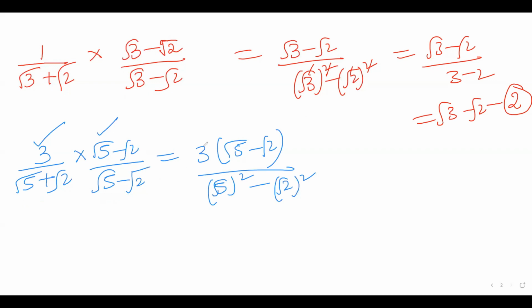I'm not going to multiply the terms. Why? Because in the next step there is chance of cancellation. This 3 may get cancelled in the next step. So I will write the numerator as it is.